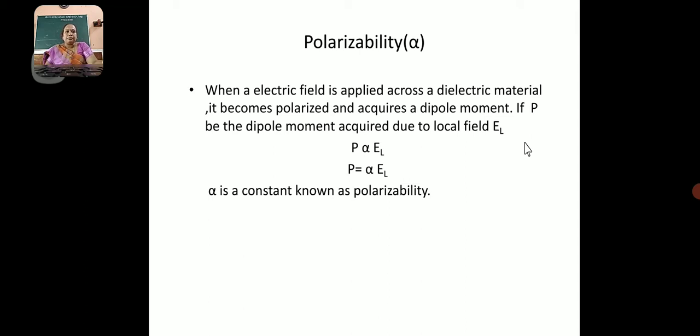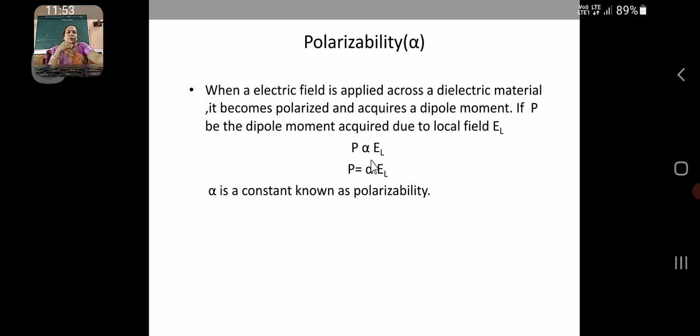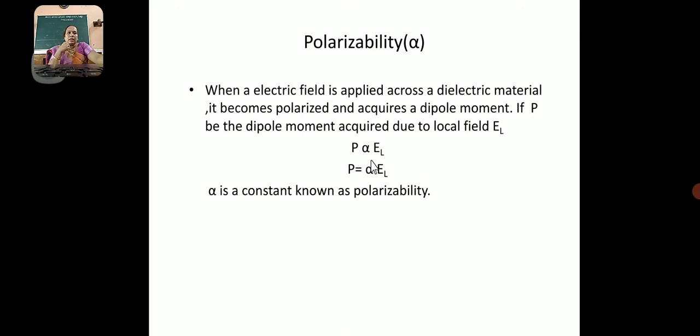One more thing, students, susceptibility is also defined in terms of P, the magnitude of polarization, epsilon naught, the permittivity, and the applied electric field E. That equation is psi is equal to P by epsilon naught E. So psi is also expressed in terms of polarization, permittivity of free space and applied electric field.